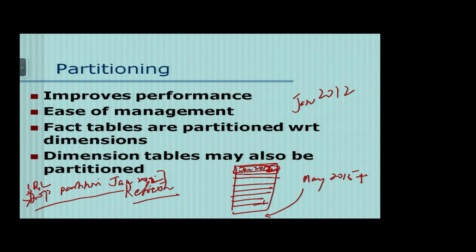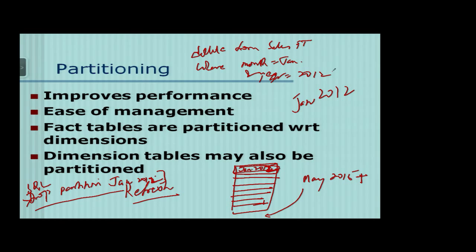Now suppose I wanted to drop the data corresponding to January 2012 in the absence of partitioning. Then I would have issued a query, say delete from sales fact, the sales fact table, where month is equal to January and year is equal to 2012.